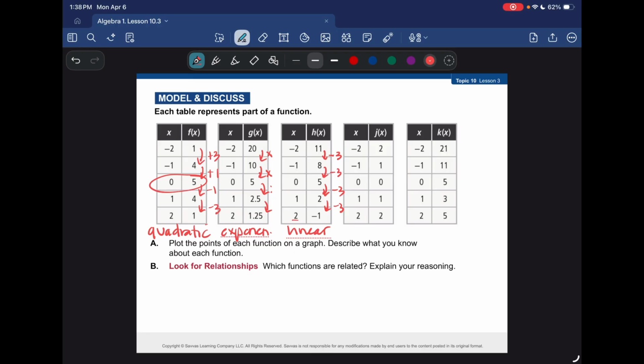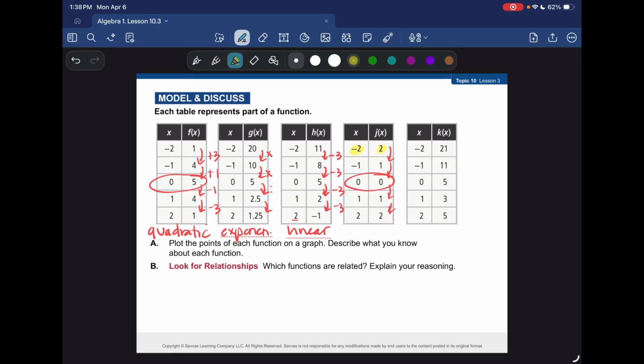Okay, and let's look at j of x, looking for the same thing. I'm just going to eyeball j of x. I see that it is decreasing and then starts to increase again. There seems to be a turnaround point at 0,0. So I might think that it would be a parabola because there is a vertex, but let's double check and see what the relationship is between input and output. If I take the input -2, how do I get the output?